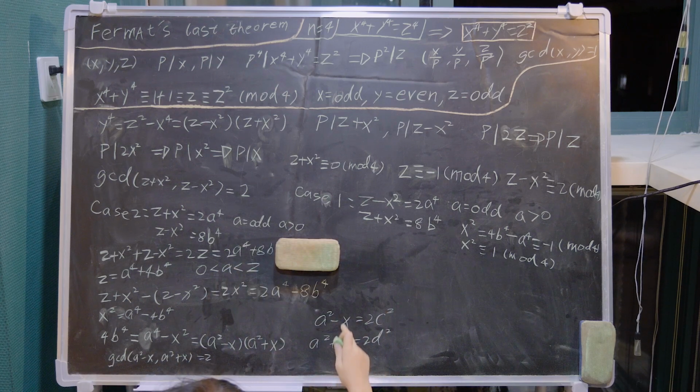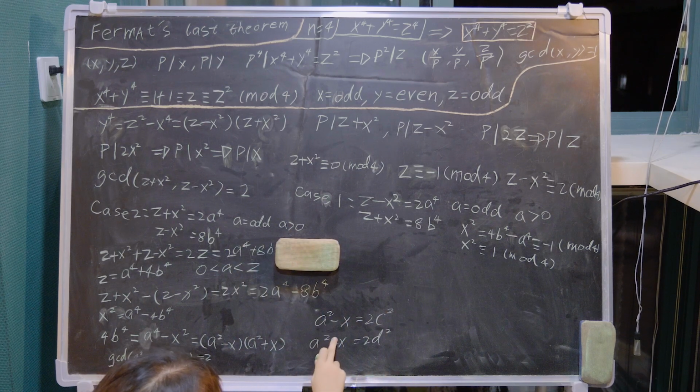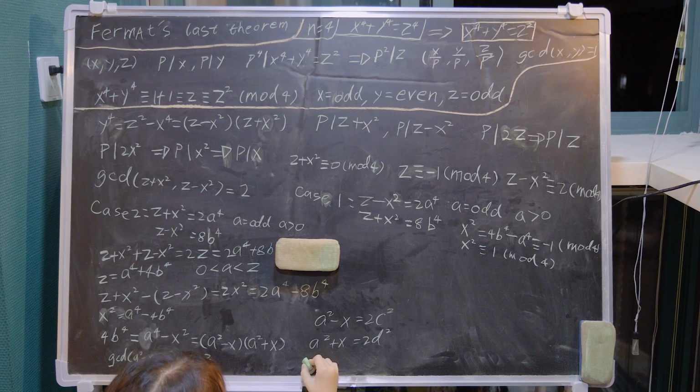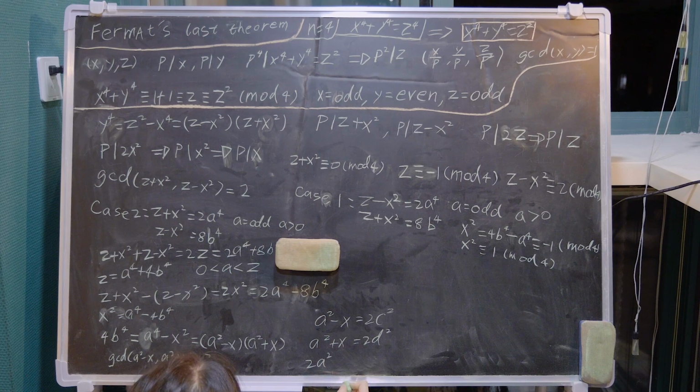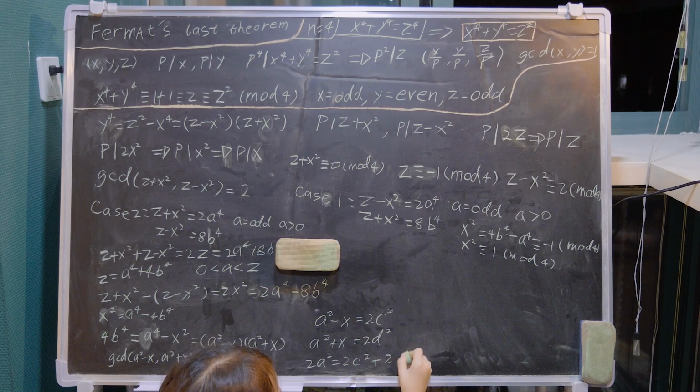So if we add these two together, we can get 2a squared, which is equal to 2c squared plus 2d squared.